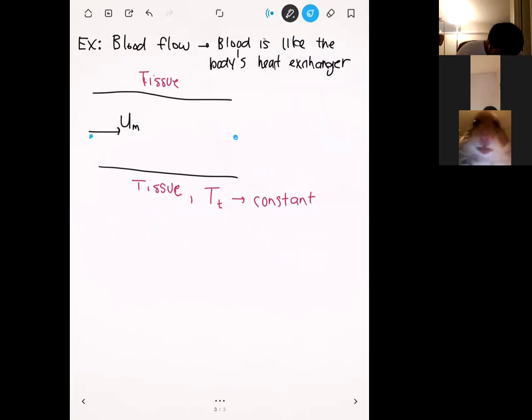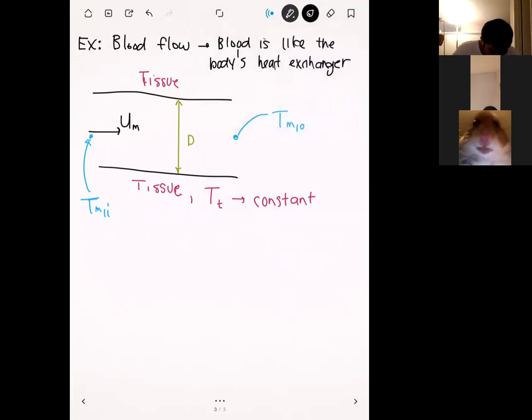On the left-hand side, let's say the mean temperature of the blood is TMI. On the other side, the mean temperature changes to TMO. The I and the O stand for inlet and outlet. And the diameter of the blood vessel is given by D.